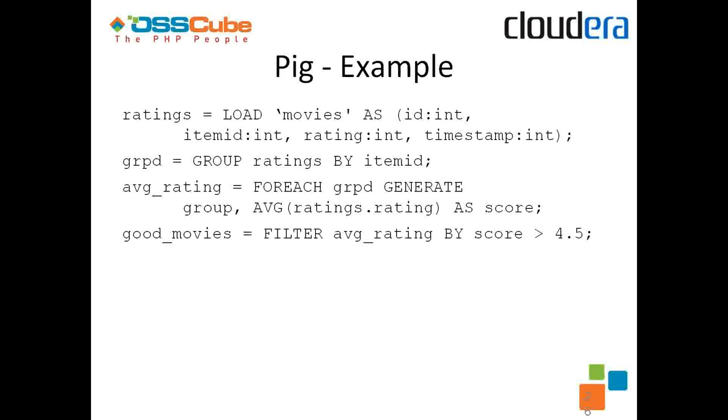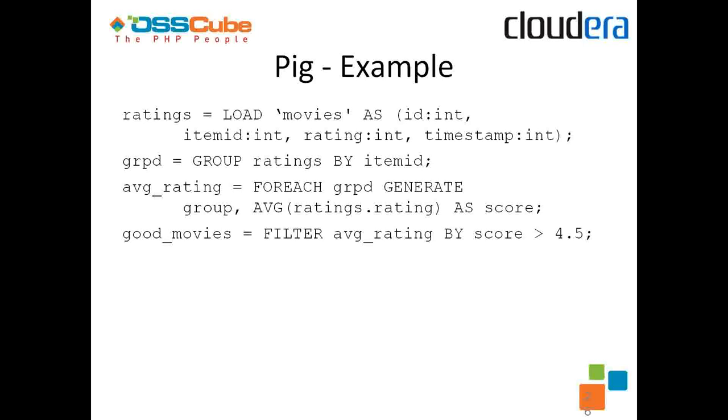So you load the movies file, and then you say, okay, this movie file has 4 columns, and I will call them user ID, item ID, rating, timestamp, for instance.